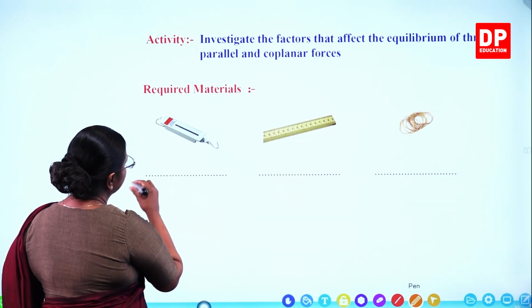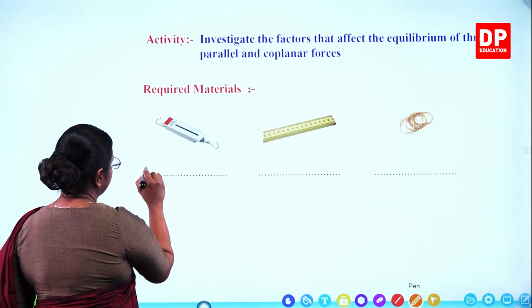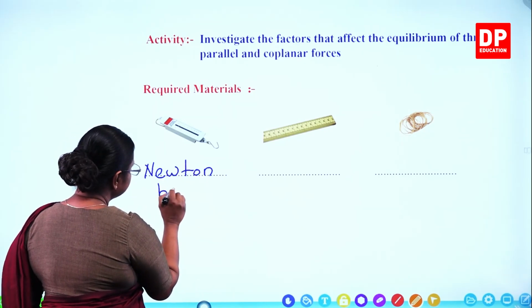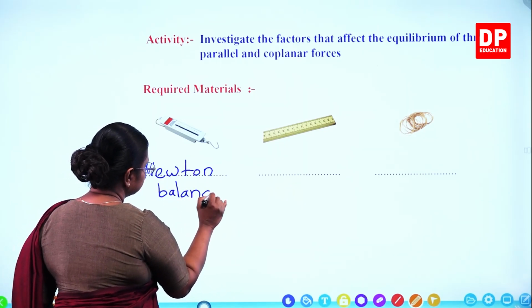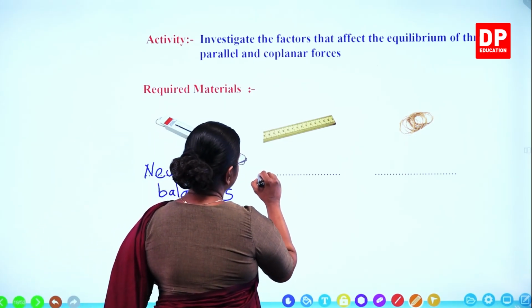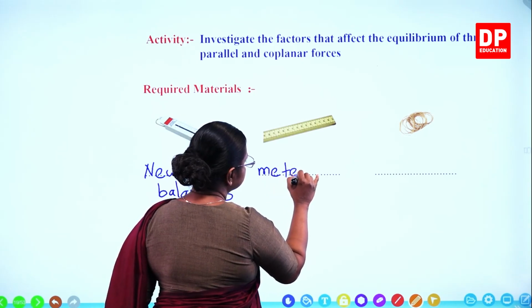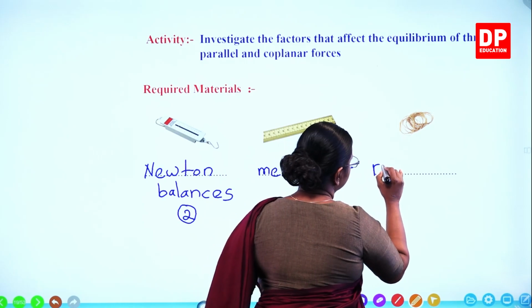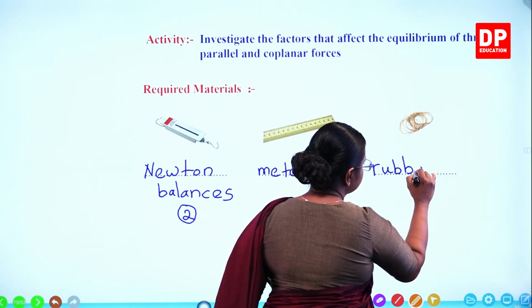The first one, we need balances. We actually need two balances. So Newton balances. We need two, and we need a meter ruler, and also we need rubber bands.